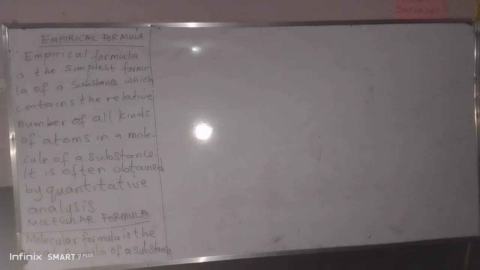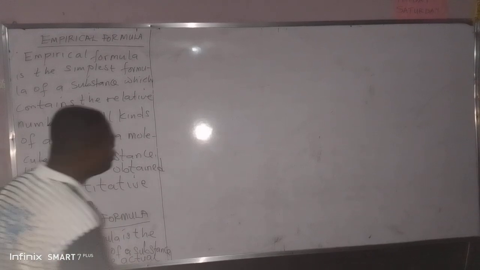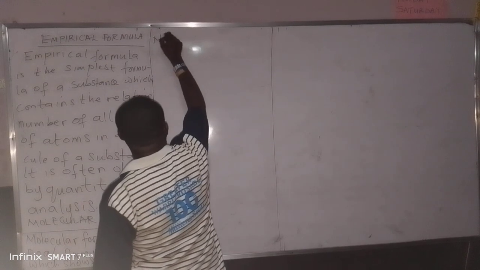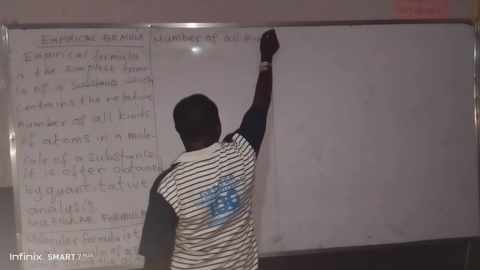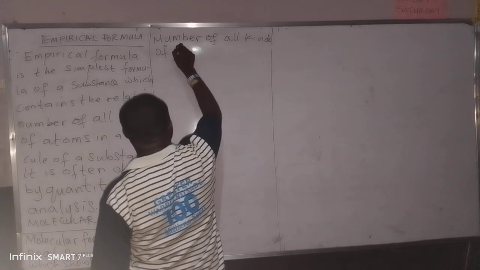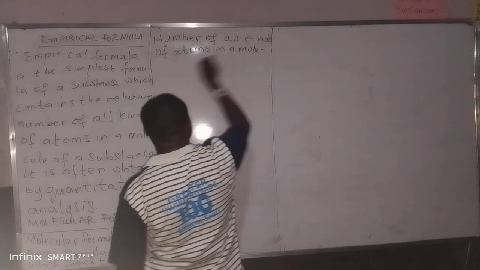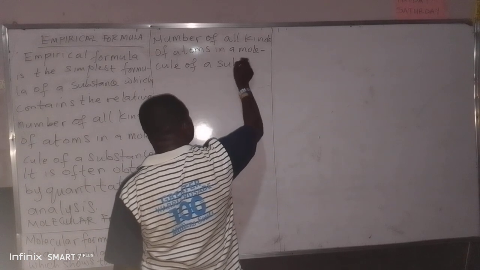So the formula of a substance which shows the actual number, this time around not relative number, the actual number of all kinds of atoms in a molecule of a substance.